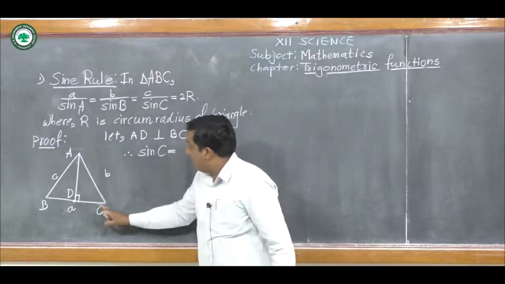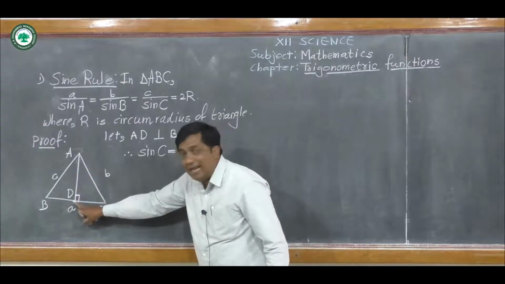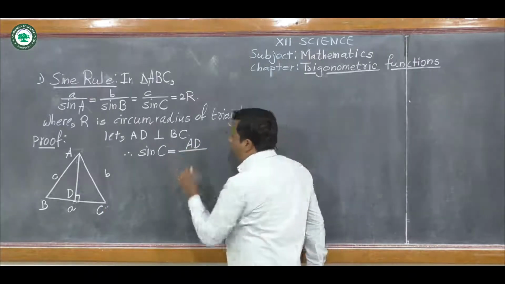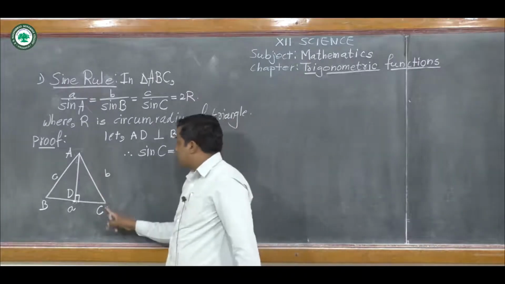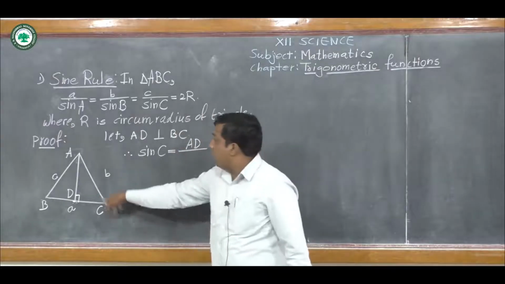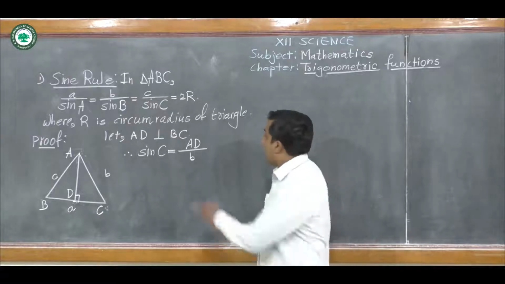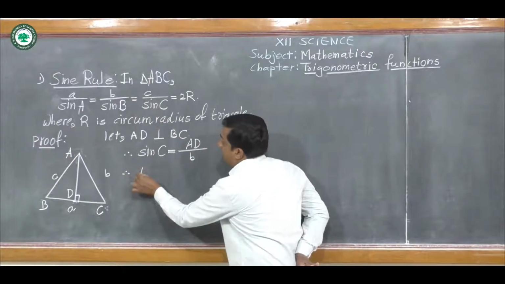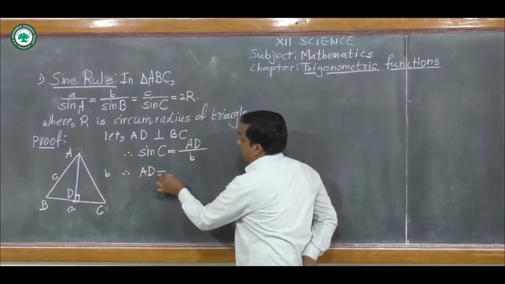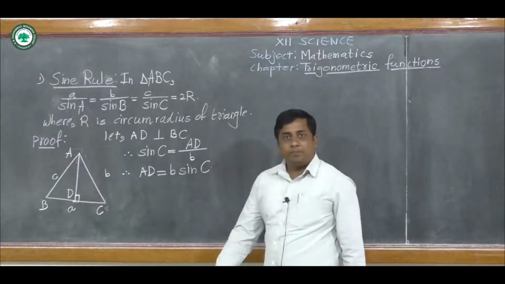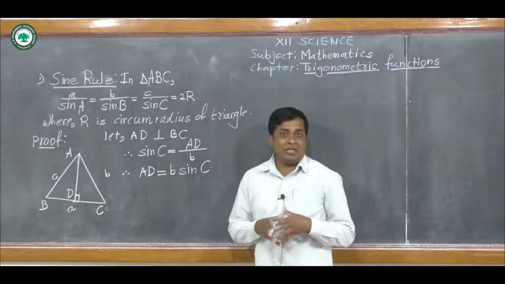In this triangle the opposite side for angle C is AD, and the hypotenuse is AC, whose length is b. Writing AD separately, AD is equal to b into sine C. We get this important relation.